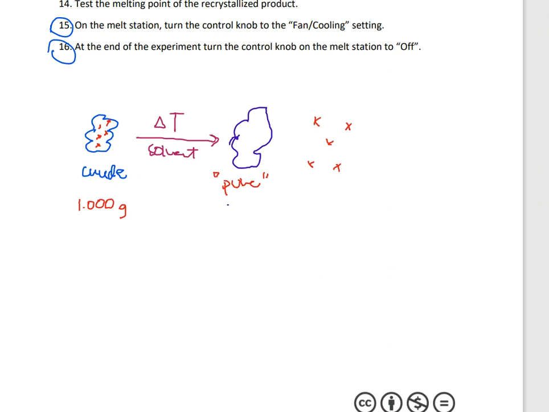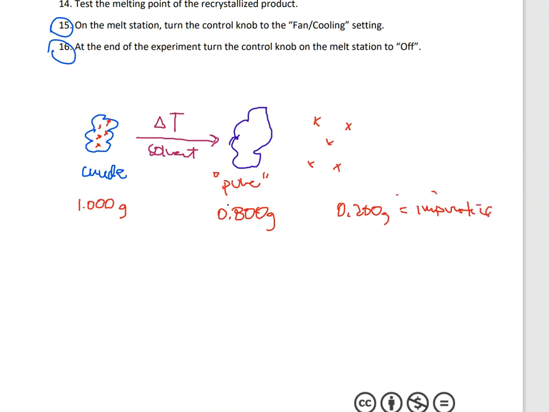In the pure product, the impurity has been removed. So that means that my mass will probably go lower. And let's say that it's 0.800 grams. So after I allow it to dry, after I report my mass, I get 0.8 grams instead of 1, which is what I started with. That's fine. That means there's 0.2 grams of impurities.